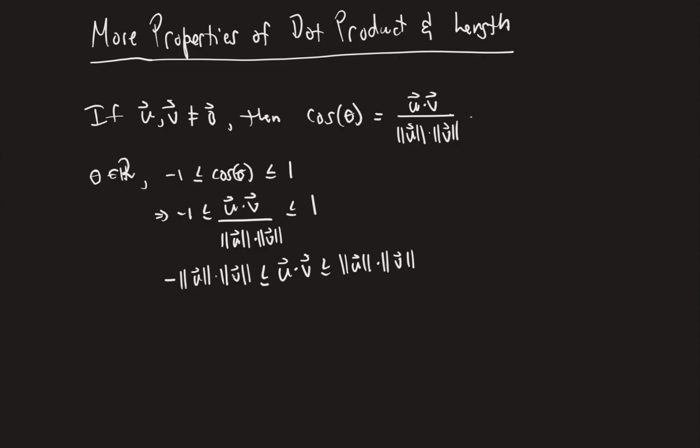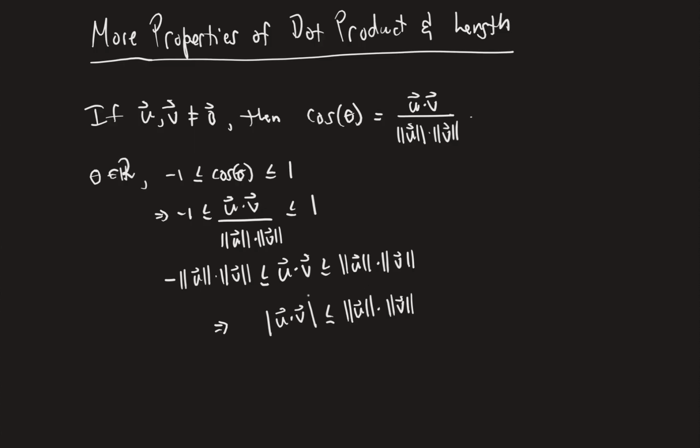If you look at this inequality, you might have a vague recollection about a property of absolute values. Whenever you have a quantity that is stuck between some other quantity and its negative, the next implication is that the absolute value of what's in the middle is less than or equal to the positive of this, the norm of u times the norm of v.